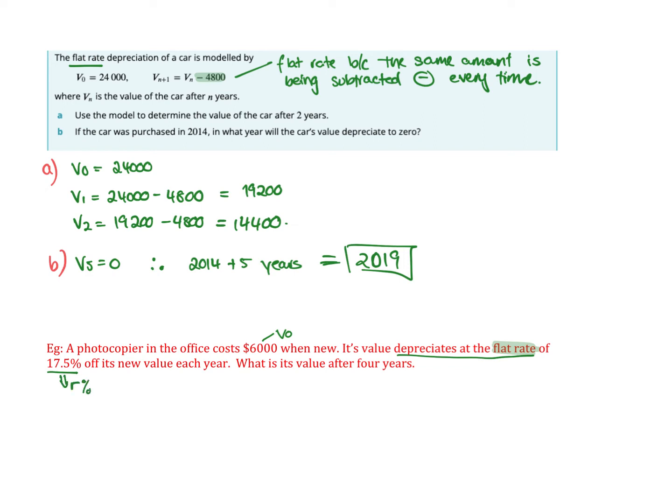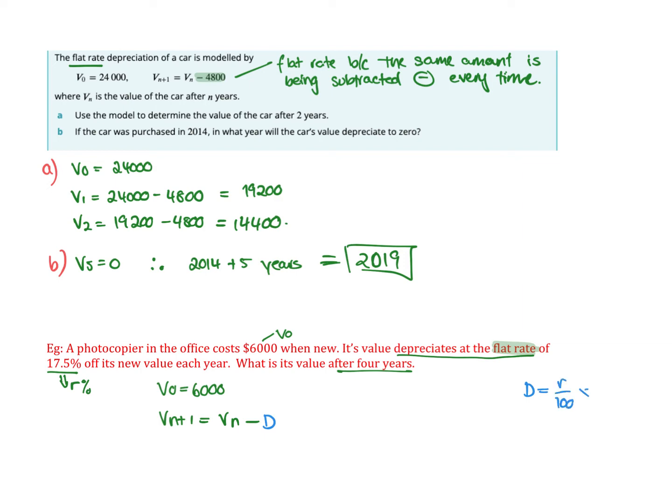So there's the R. What is the value after 4 years? If we worked out our recurrence relation for this, it would be V0 is 6,000, and Vn plus 1 would be the term before minus D. So let's work out what D is in this example.